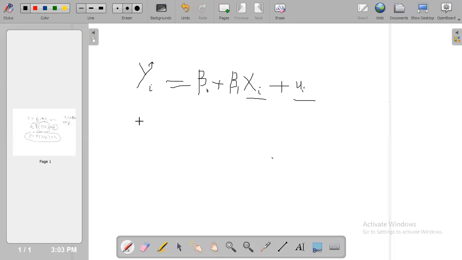So when you say that the correlation between ui and xi is zero, what are you trying to say?